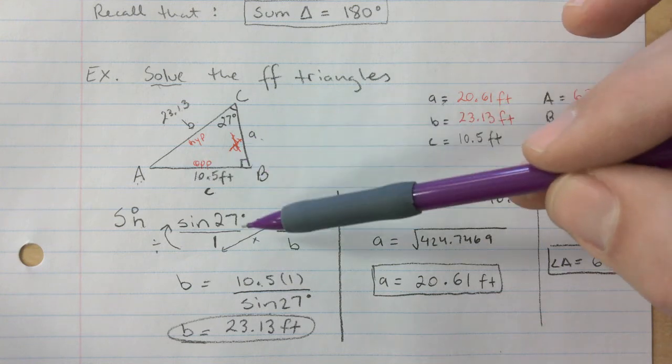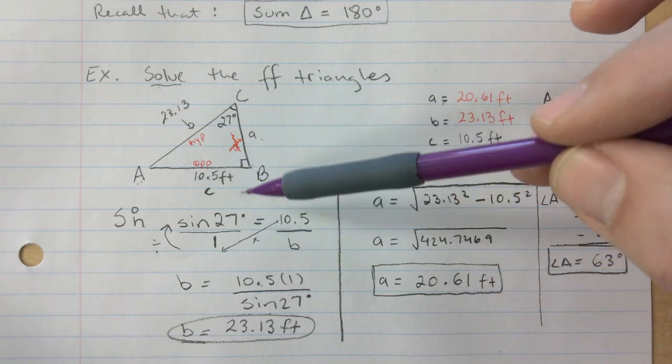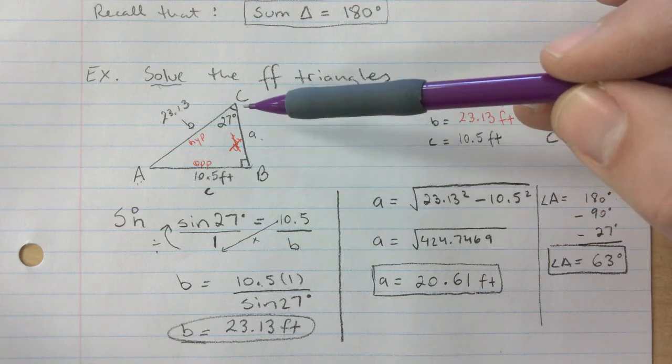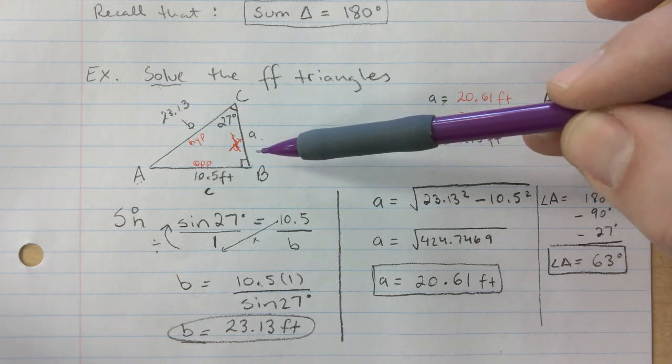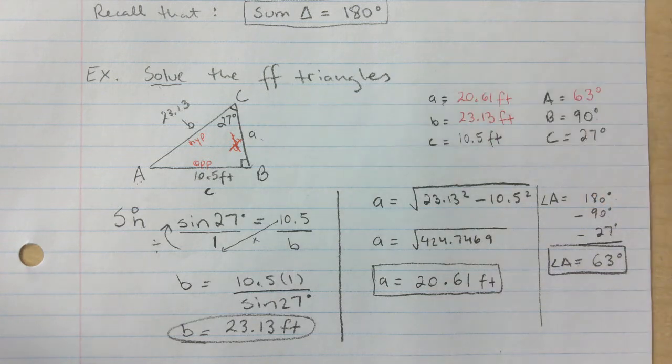And then you would have used tan here and solved for this side over here first. And that's fine. Regardless of which way you go, you're going to get the same answer. Maybe you might be off by 0.01, but not by much.